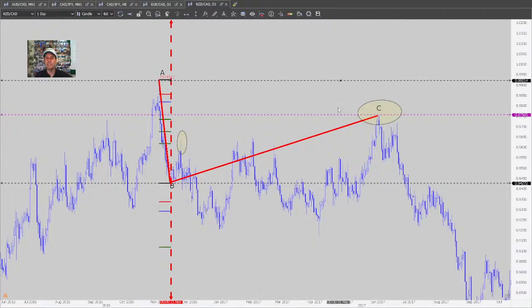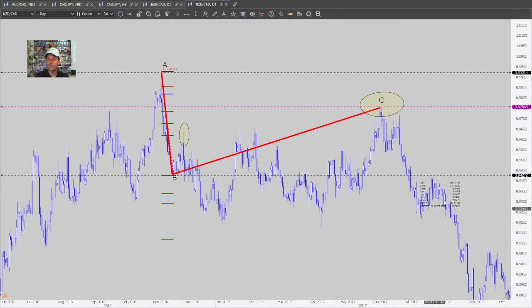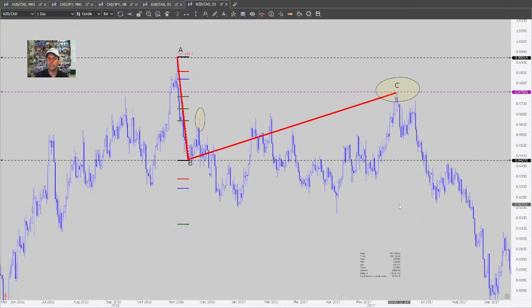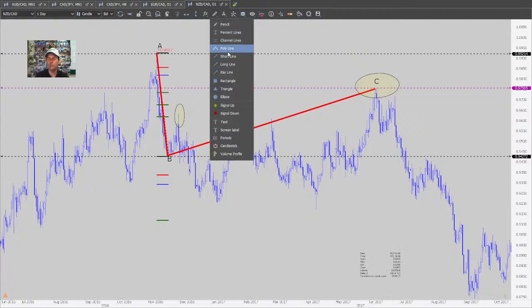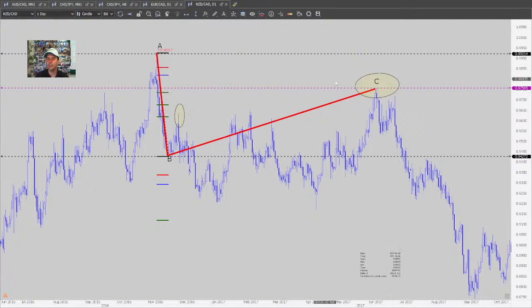The C is the highest point inside the AB boundary after the B before the market hits the appropriate extension. Alex, are we clear? If green goes to green, sixth, exactly.